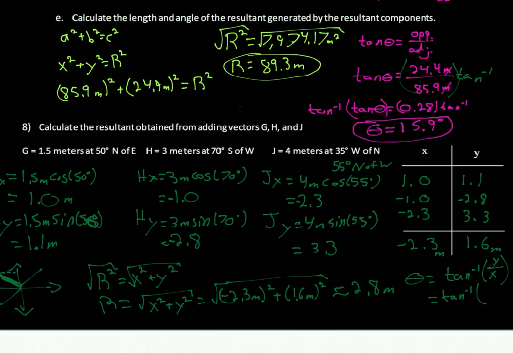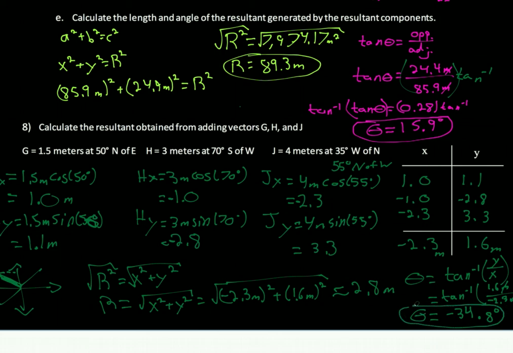So inverse tangent of the y, 1.6 meters, over the x, negative 2.3 meters. Units cancel, that's a good sign. So I'll do inverse tangent of 1.6 divided by negative 2.3, and I get negative 34.8 degrees as my angle.